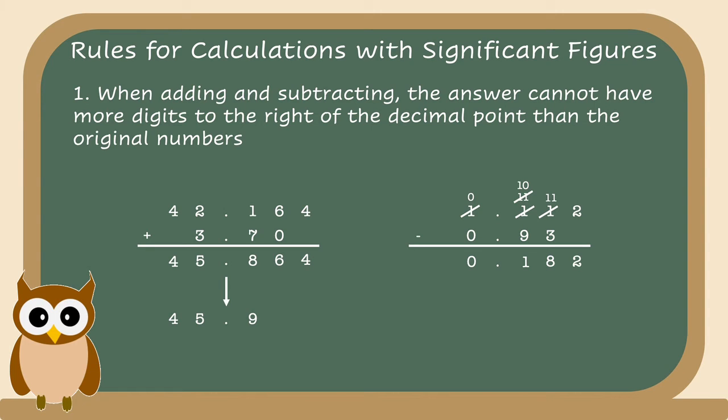So there you go. 1.112 minus 0.93 gives us 0.182. Again, bearing in mind that the answer may only contain 2 significant figures, here we must round down to 0.18.